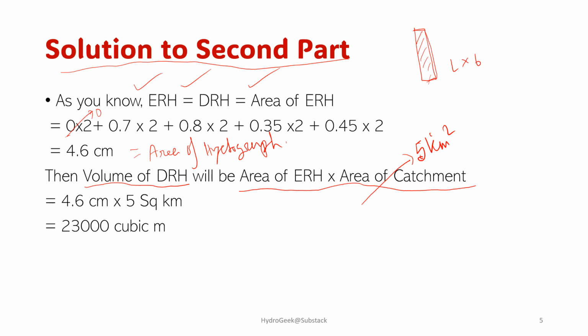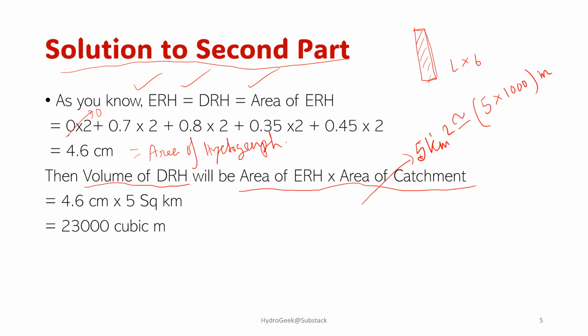You can easily convert it into meter square, because we are considering the end unit to be meter cube. So this can be converted into what? 5 into 1000 meters, because 1 kilometer is equal to 1000 meters.